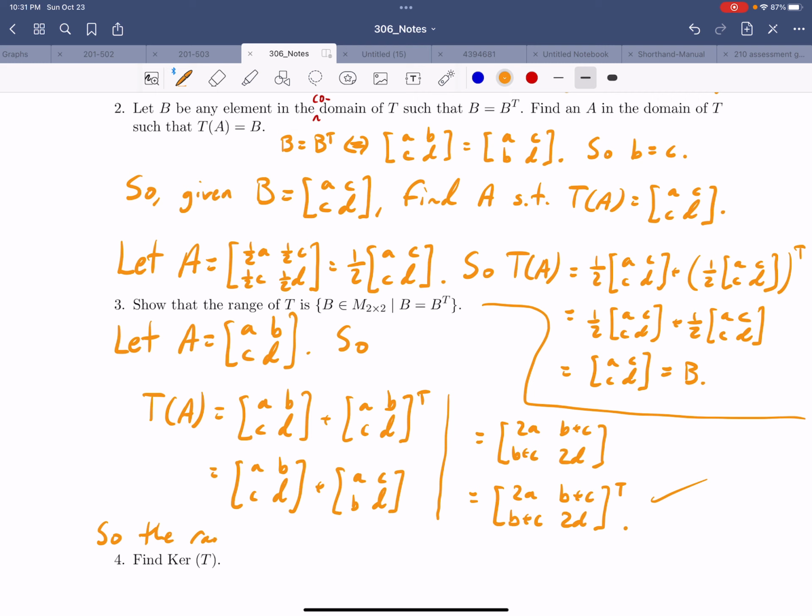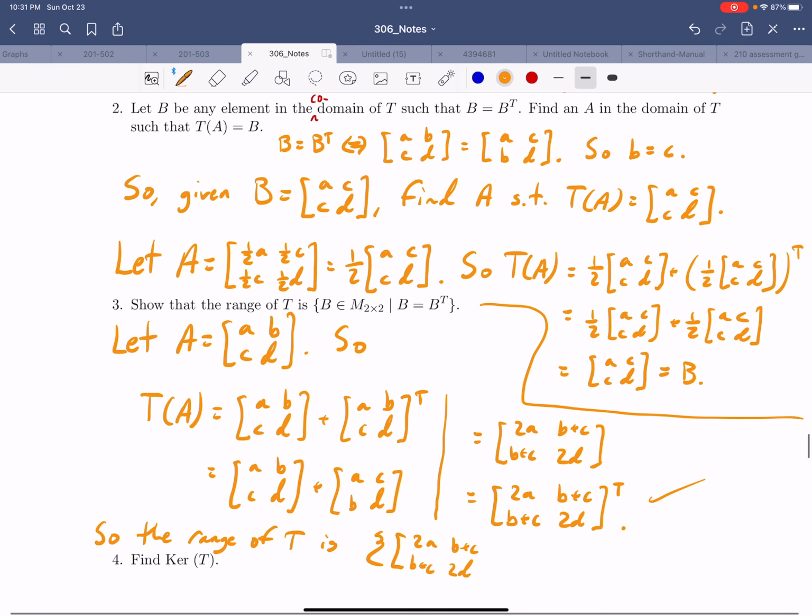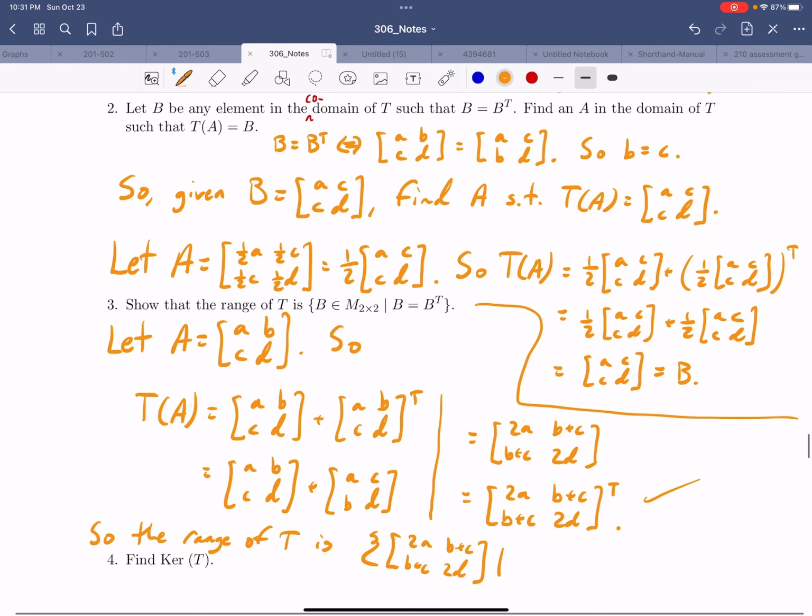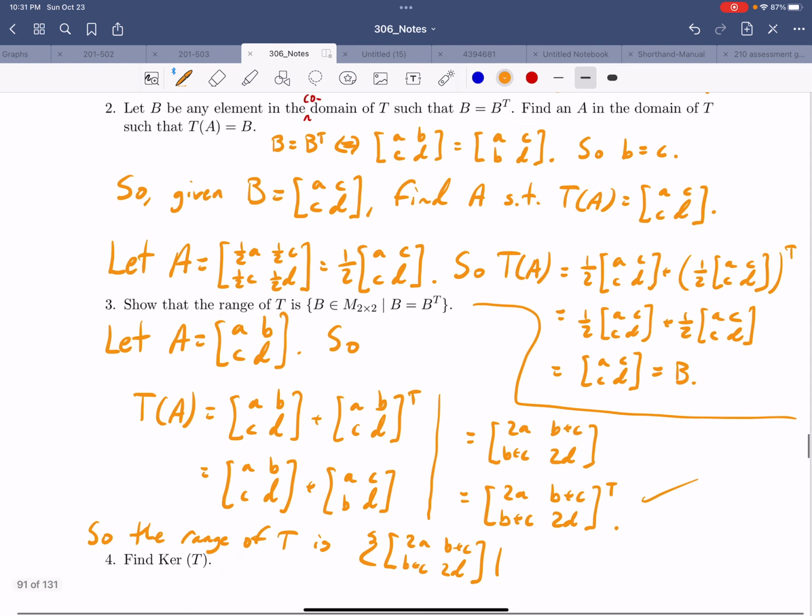so the range of T is the set of T of A, which is the set of all [2a, b plus c; b plus c, 2d] for a, b, c, d in the reals.